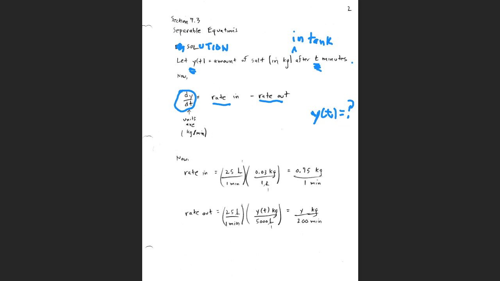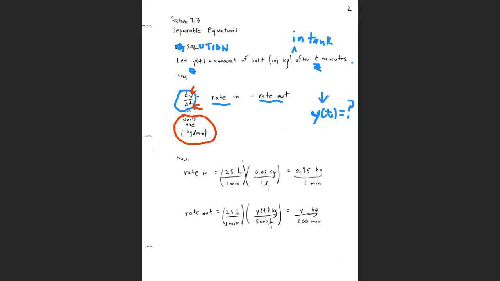In order to find the formula, we need to find the differential equation that models the salt rate in the tank. And keep in mind that for dy dt, the units are kilograms per minute, because salt is in kilograms, that's the y, and time t is in minutes.